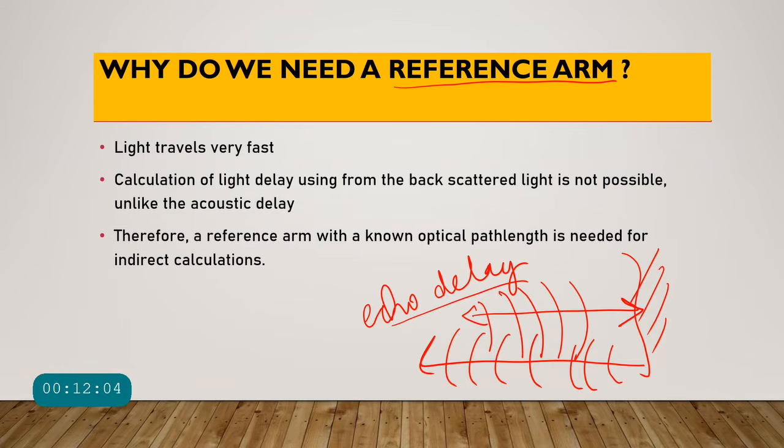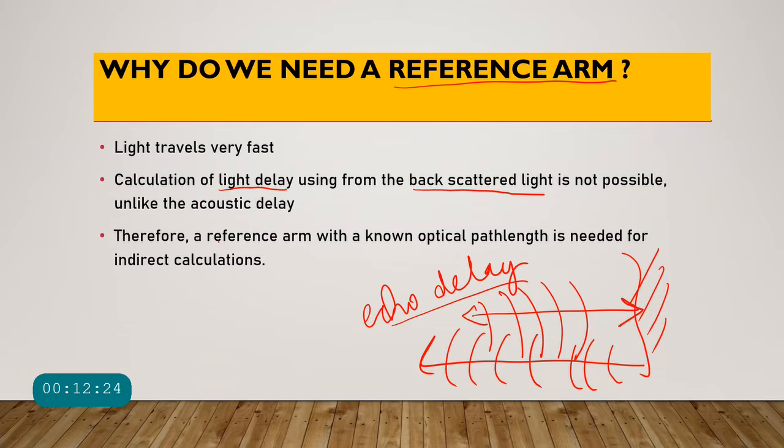However, the same thing we cannot do with light. We cannot calculate the light delay as simply as we calculated the echo delay in case of the B scans. So here, what's happening is that the backscattering of the light is very fast, and we cannot actually calculate it directly.